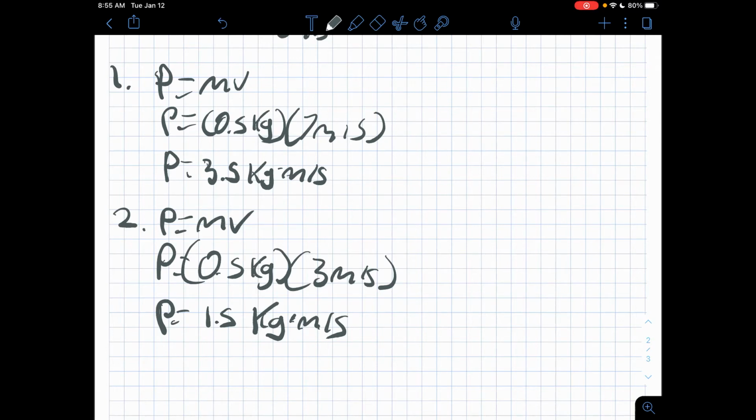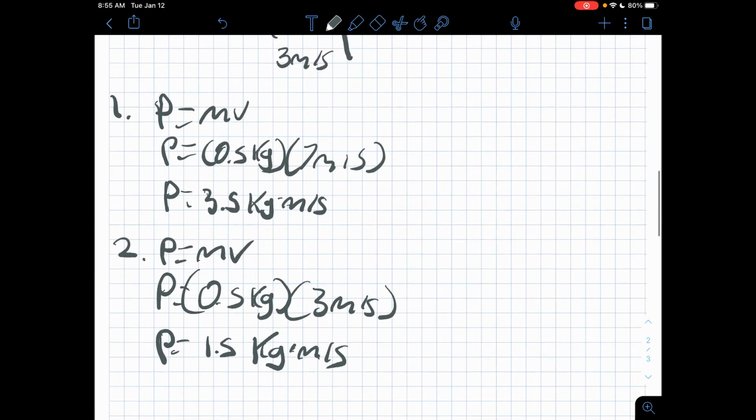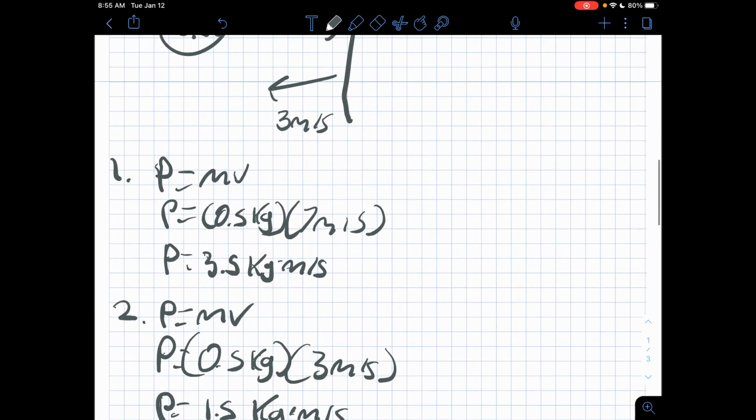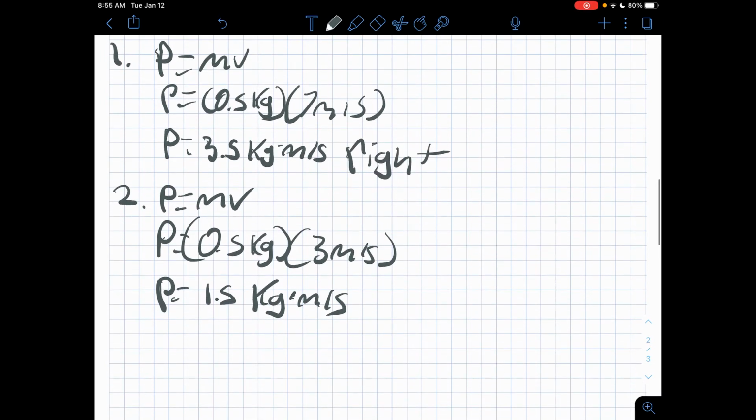Now to find the change in momentum, we have to subtract the initial momentum from the final momentum. And keep in mind that these momentums are in different directions. This one is going right, and this one is going left.